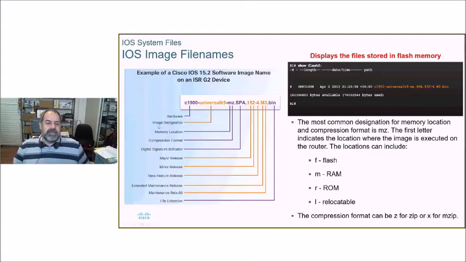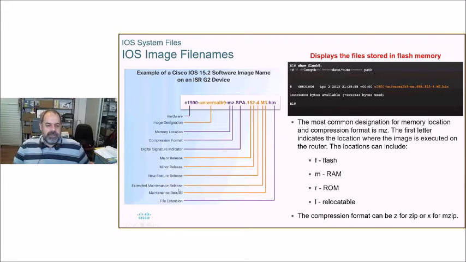That's the indicator for that. And where does this iOS run? In memory. Z means it's been compressed in this file, using the zip format. SPA is just the signature indicator, and then 15, of course, is version 15 with a minor release of 2 and a feature release of 4.